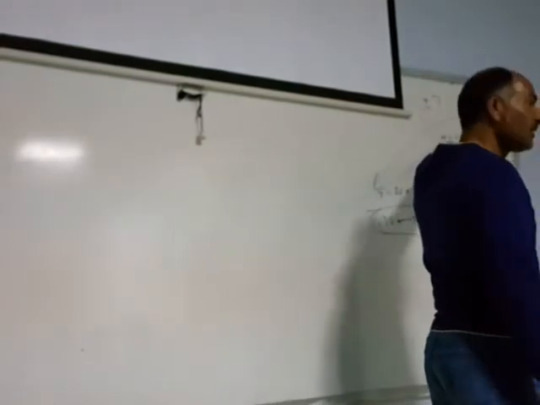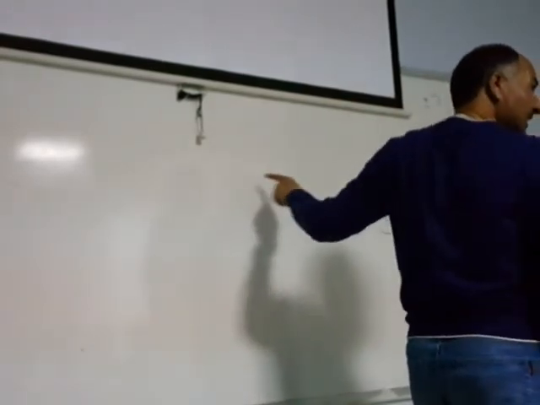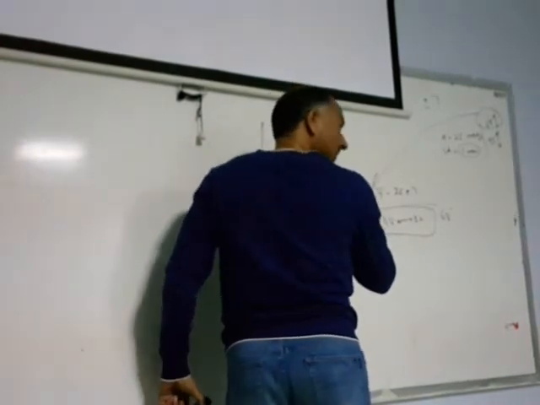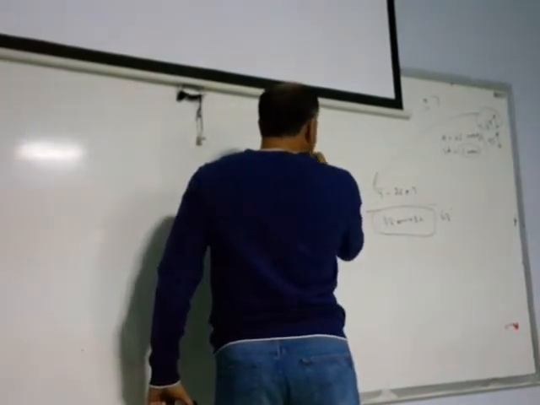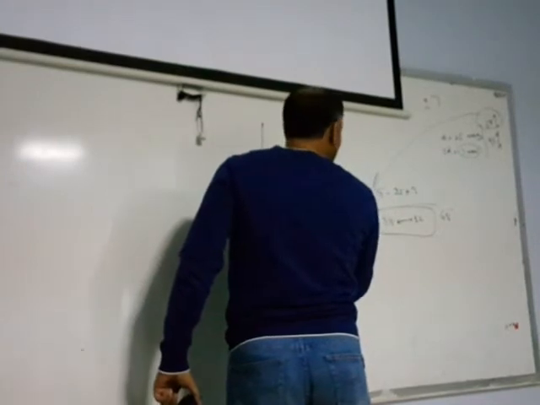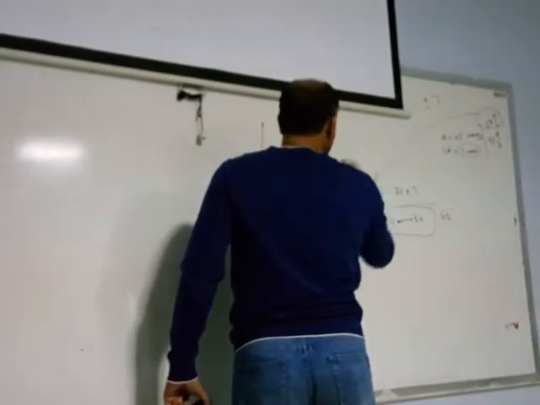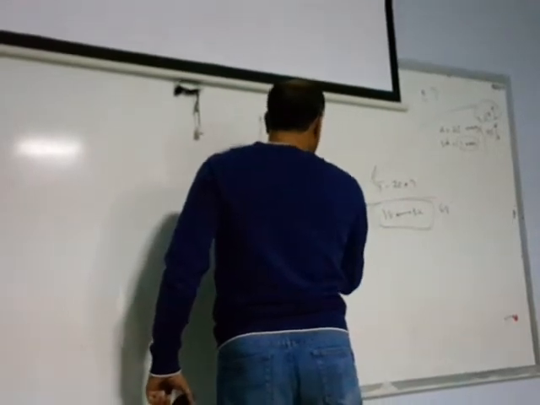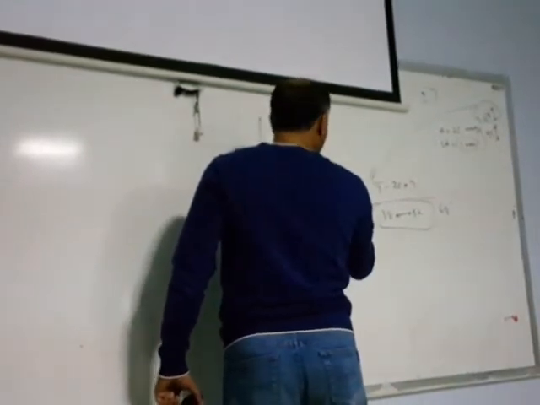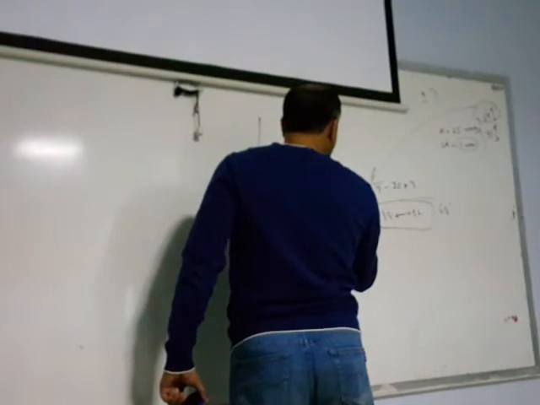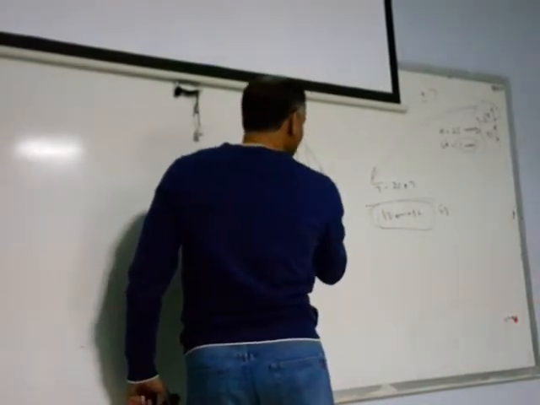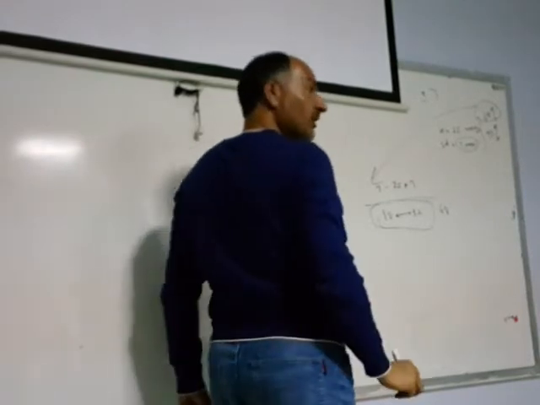What does it mean? So I made the normal distribution. The mean is 25, and this is one standard deviation plus, this is one standard deviation minus. And this is two standard deviations plus, two standard deviations minus.